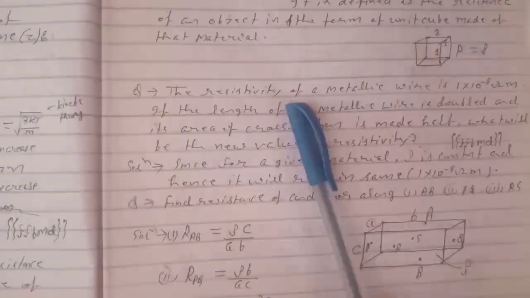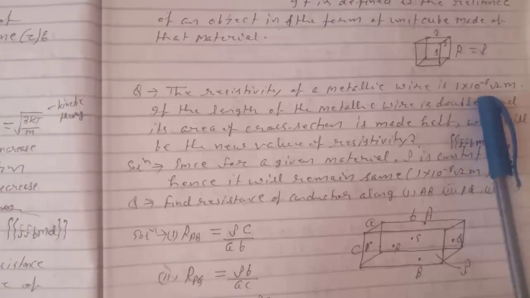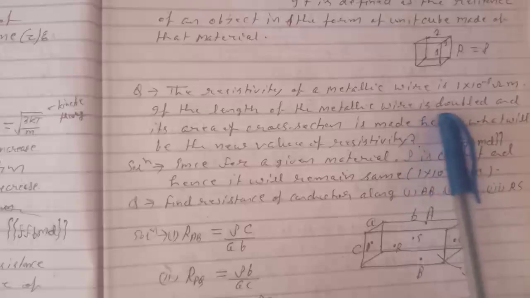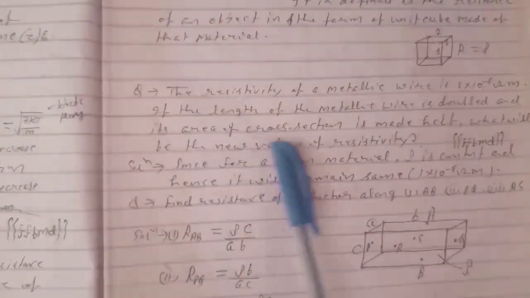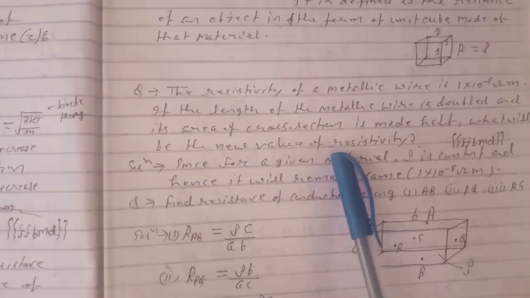Next question. The resistivity of a metallic wire is 1 into 10 to the power minus 8 ohm meter. If the length of the metallic wire is doubled and its area of cross section is made half, what will be the new value of resistivity?